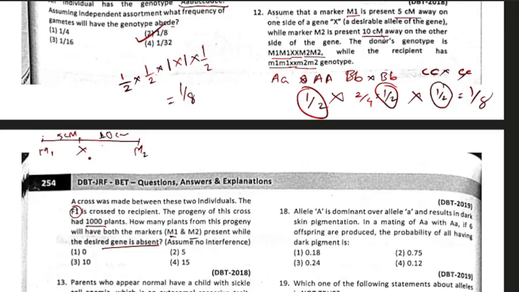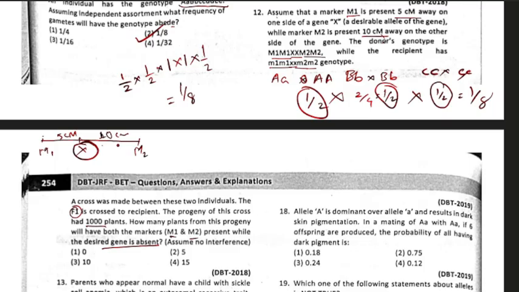So we have one donor and one recipient, we crossed them and got the F1 progeny. Now we cross the F1 progeny with the recipient, producing 1,000 plants, and how many of these plants will have the markers but be absent the desired gene?